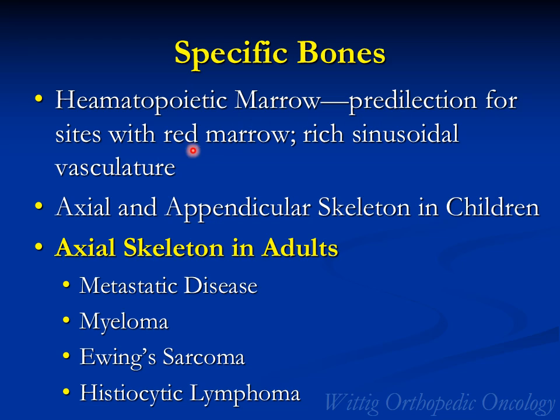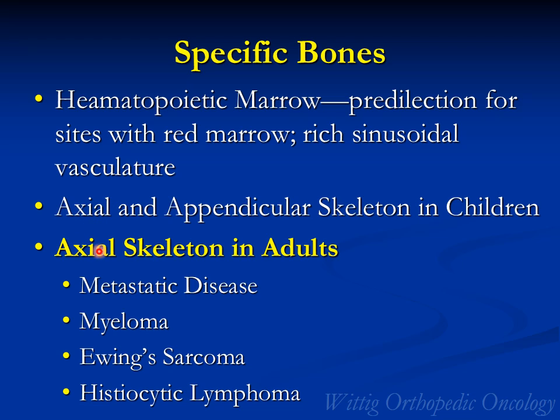Myeloma has a predilection for hematopoietic marrow, for sites with red marrow and rich sinusoidal vasculature.